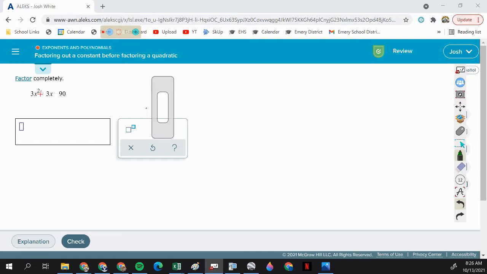Okay. In this one, I need to pull out a 3. Do I need the 3? It depends. If you are trying to figure out where the graph hits the x-axis, then that 3 will not affect your answer. If it's asking you to find the factors, 3 is one of the factors. So in this case, I need the 3.